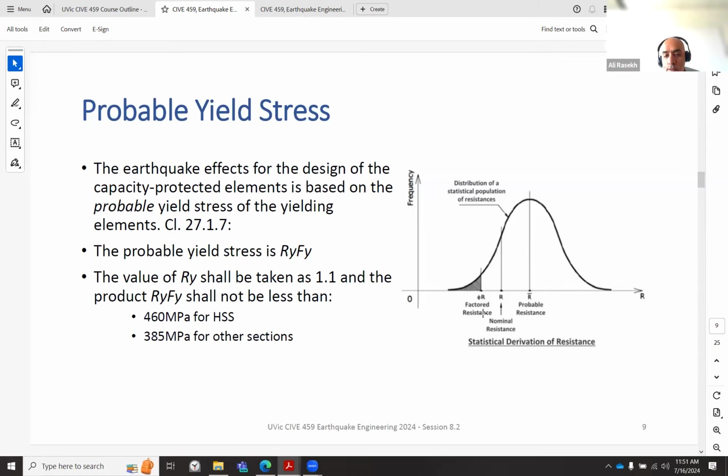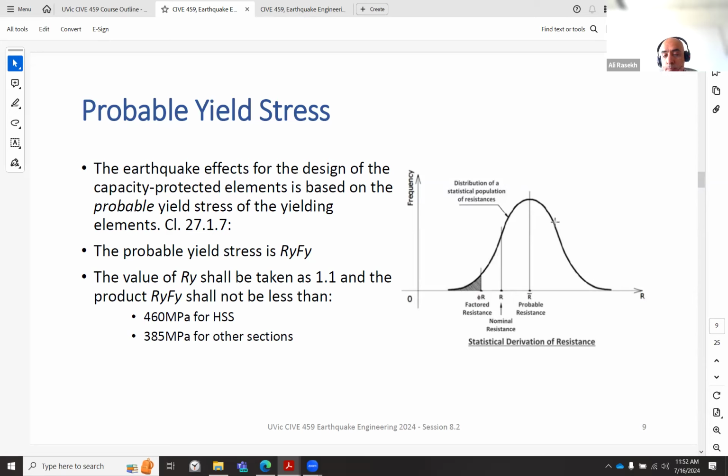So here the philosophy is that there is a nominal resistance of a material, which is taken as the average, maybe minus 1 standard deviation. Assume the vendor has done a lot of tests on the material they are selling, and it has this curve.